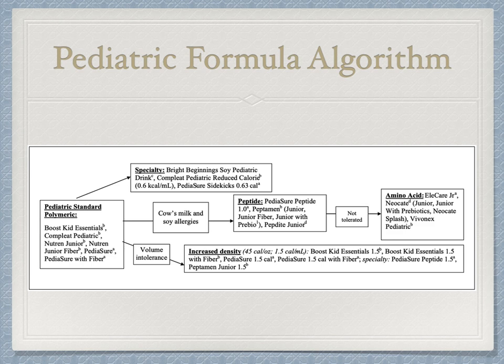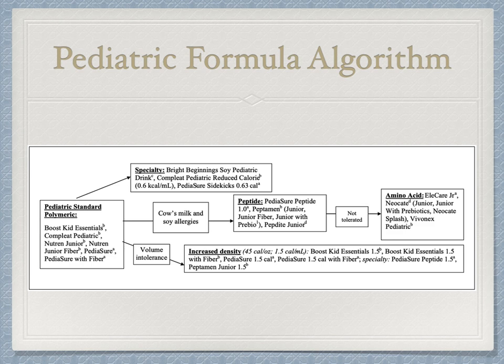Gotta go with it. Then we move into the peptide formulas, and by far and away the most popular ones there are Peptamen products and the Pediasure peptide versions. You can get them with fiber, with prebio, and without fiber.